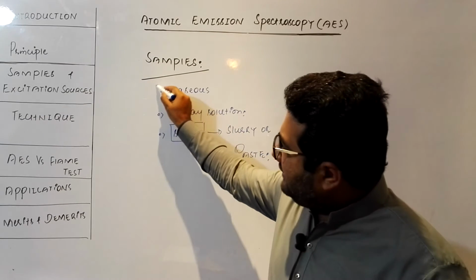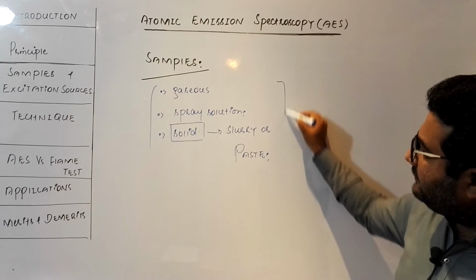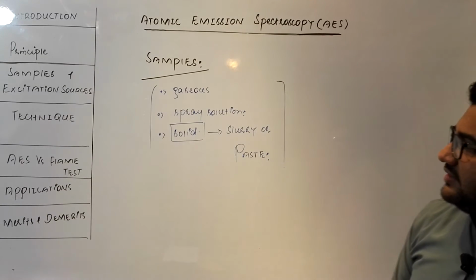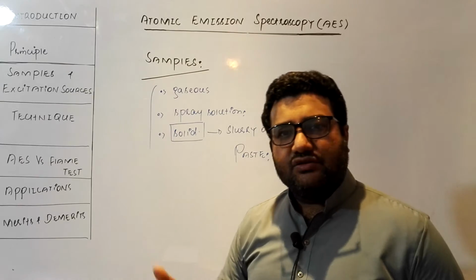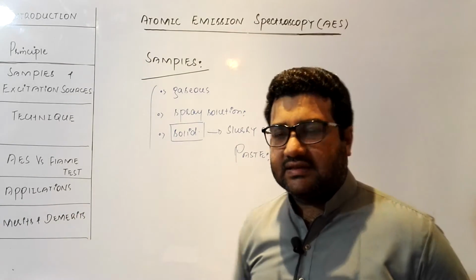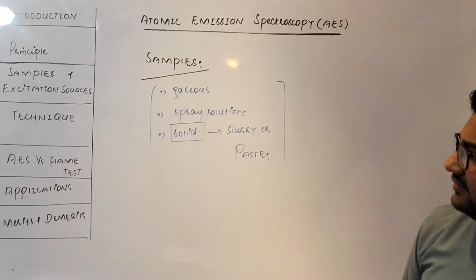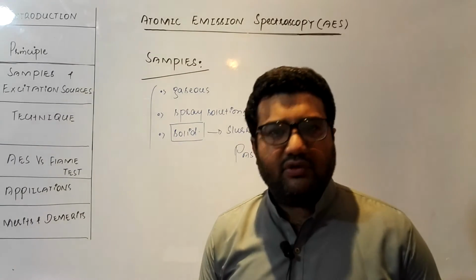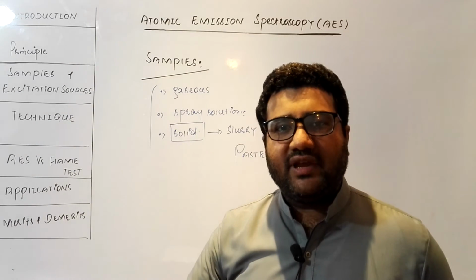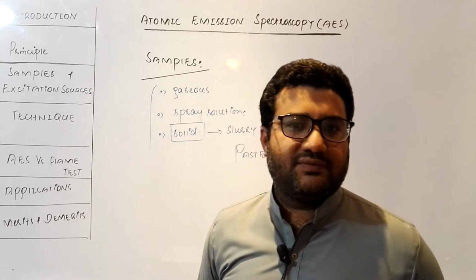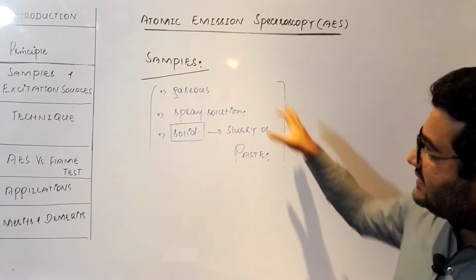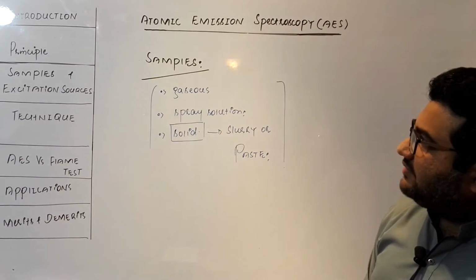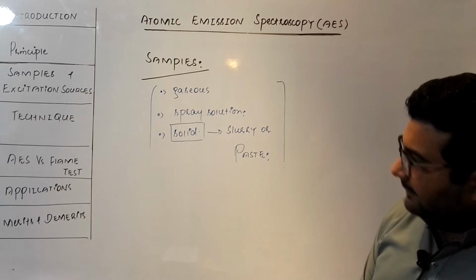So gaseous atoms, liquids as spray solutions or solutions in the form of small mist, and solid, but a solid sample in pure form cannot be analyzed. You will have to make its paste by using some solvent. So these are the samples that can be analyzed by atomic emission spectroscopy.